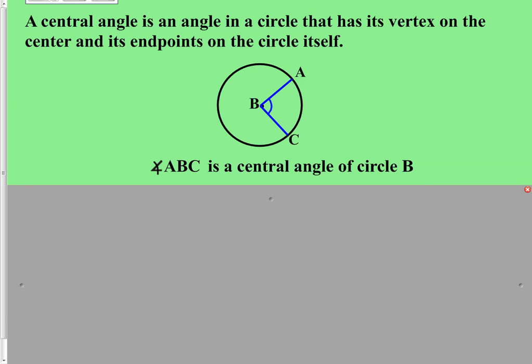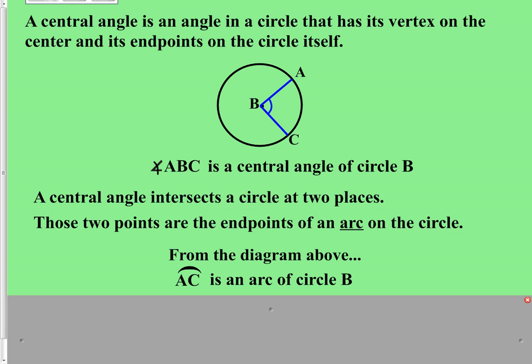Okay. Now we talked at the very beginning about a central angle, which is an angle that has its vertex positioned on the center of the circle itself. In this case, we're looking at a central angle that would be angle ABC. There's a relationship between that angle and its arc, which we'll get to in a moment.